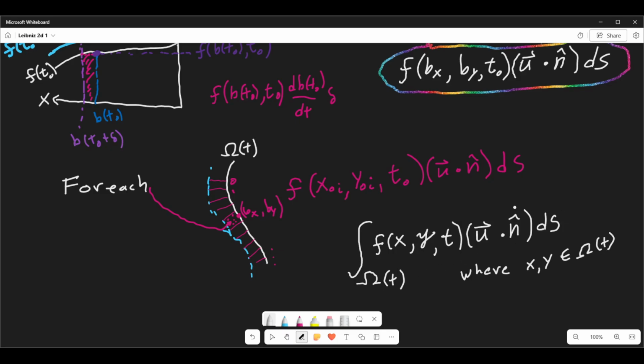That's kind of by the definition of the integral. So this is basically a line integral where it integrates along all of these points, all of these bx's and by's, and sums them all up, multiplies by ds, so that basically gets the entire area.